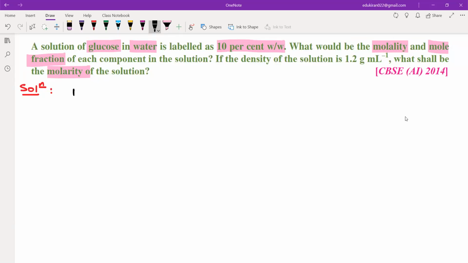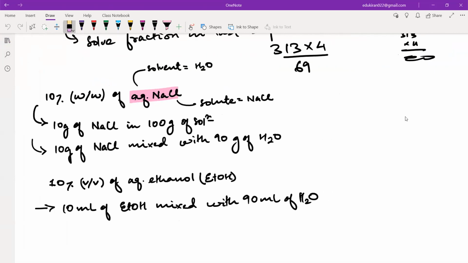It'll be glucose in water. Yeah, glucose in water. No. The amounts. Yeah, 10% of glucose in water. Look here and tell me. How will you translate it? It should be something like this.